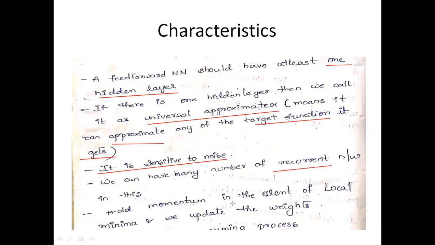Which means if you get an error through this network, then the error value should be returned to the network, isn't it? That kind of returning is called a recurrent network, or sometimes you may consider feedback networks also in this.